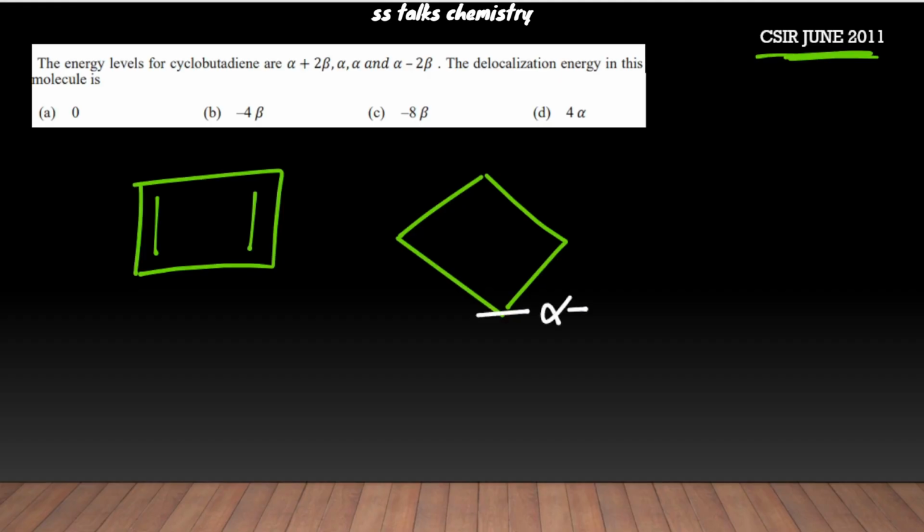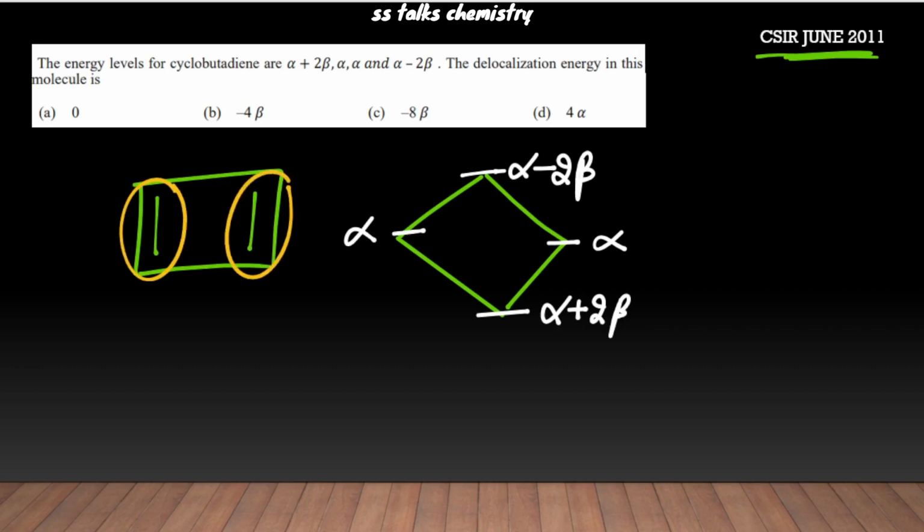The lowest one is alpha plus 2 beta. These two levels are alpha and alpha, and this level is alpha minus 2 beta. Right, the delocalization energy we have to find. Firstly here you see total how many pi electrons: 2 from this and 2 from this, total we are having 4 pi electrons in this. So they are filled like this.